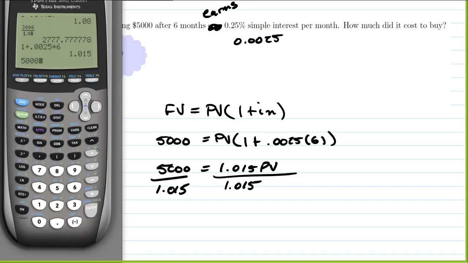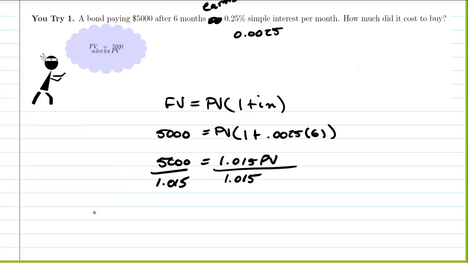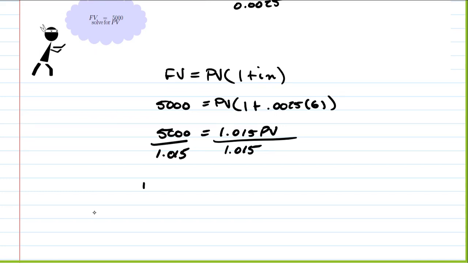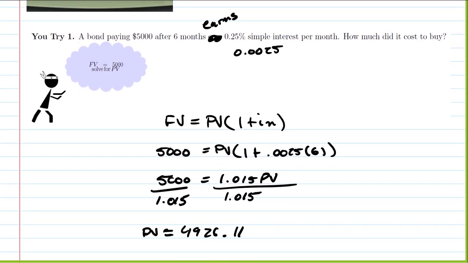So our 5,000 divided by our answer gives us $4,926.11, rounding to the nearest cent. So we would have paid $4,926.11 for that bond, for it to be worth $5,000 after 6 months. For the months, we don't divide it by 12.